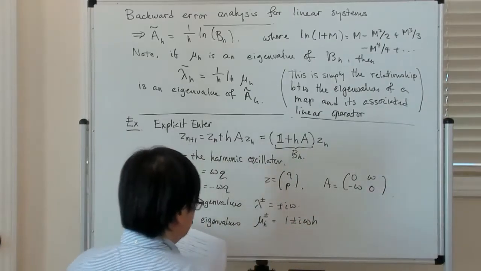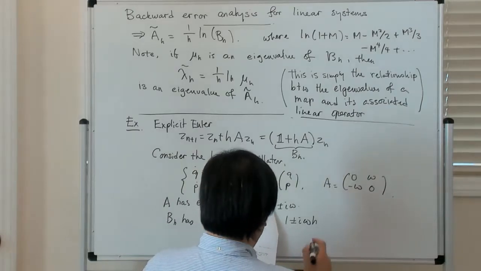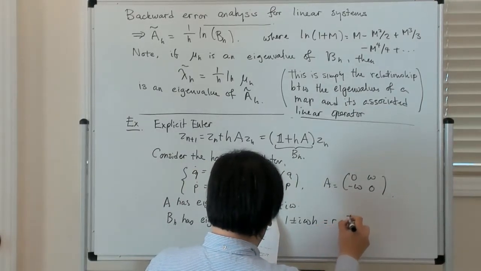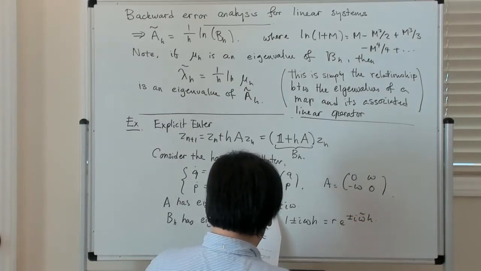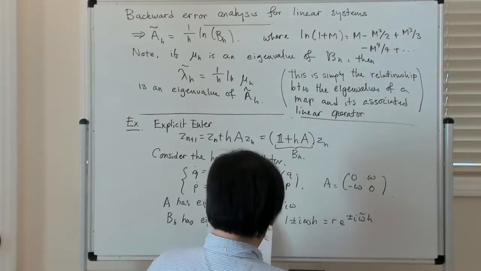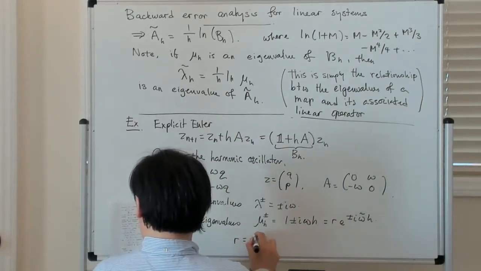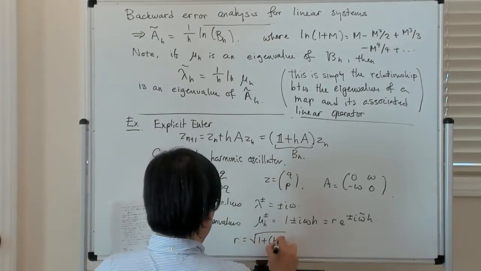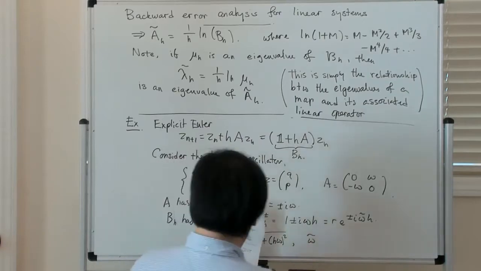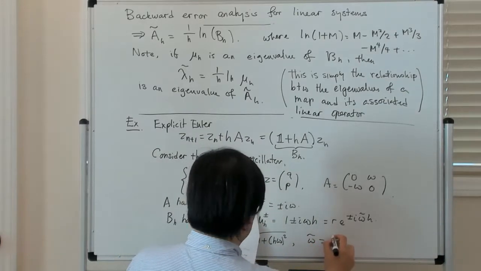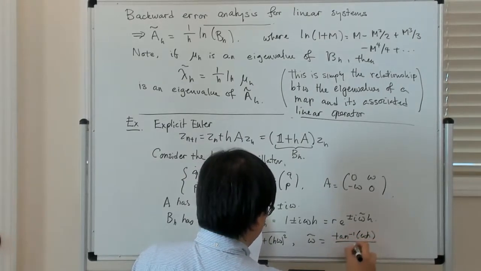Okay, so I can write this as r e^(plus/minus i omega tilde h), where r is equal to the square root of 1 plus (h omega) squared, and omega tilde is equal to the arctan of omega h divided by h.